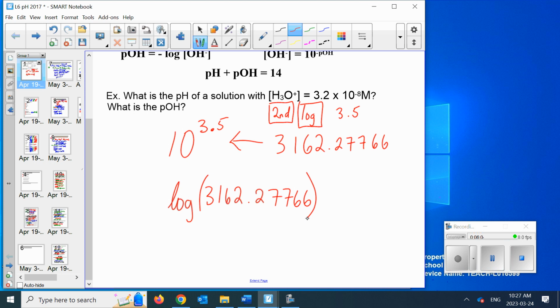You guys see how this is a big circle? 10 to the x and log, they undo each other. They're inverse operations. And that's it for my math lesson, because this isn't a math class, but we got to use log. If these are just buttons you press on a calculator, that's fine. You can still do this. But if you have a bit of an understanding and a connection, it sometimes helps.